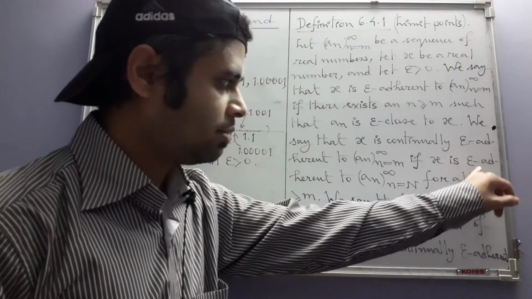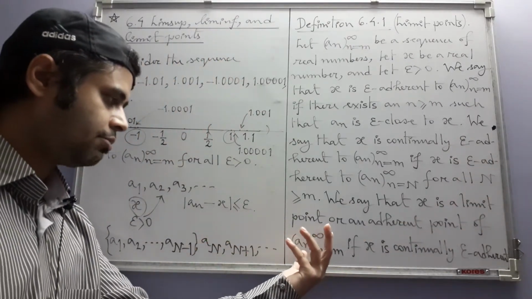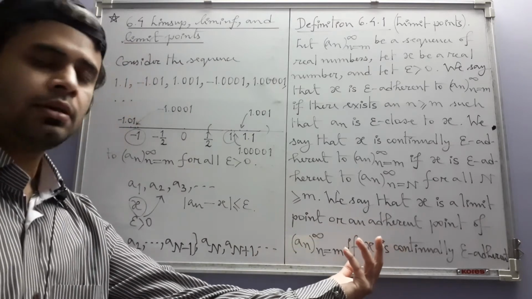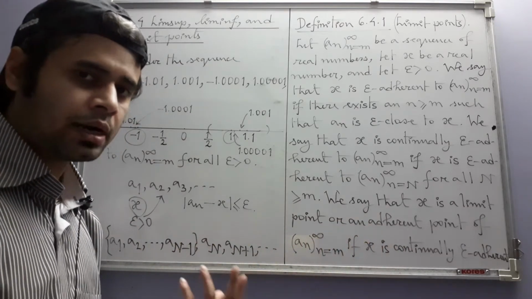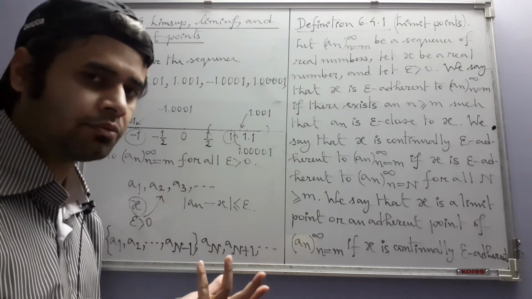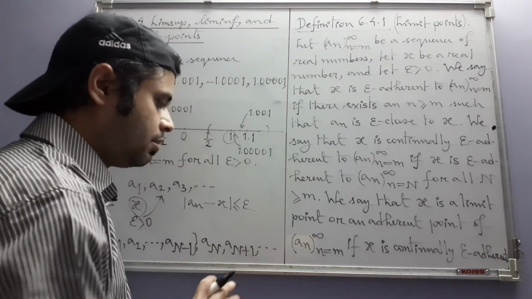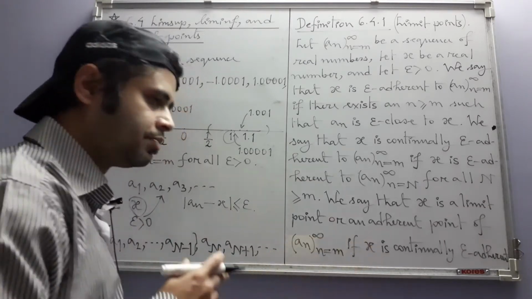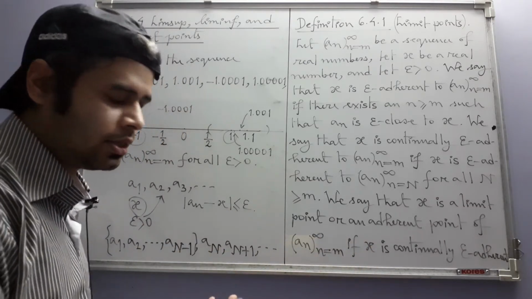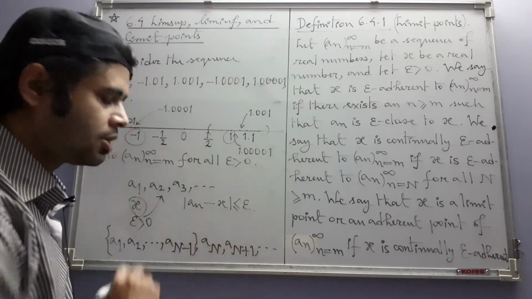The fact that we can choose this capital N means that we can remove as many terms as we want from the original sequence. Finitely many, of course, not infinitely many, but still x will find something in the remaining sequence to which it is close. How close? Epsilon close.